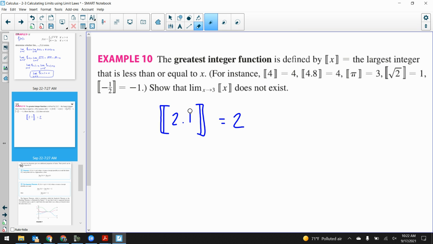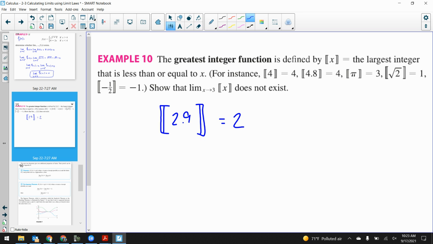What about 2.9? Still 2, right? So basically taking off any decimals and saying the biggest integer within that, okay? It's not rounding up. It's just saying chop it off, truncate it. Take that decimal off. That's the greatest integer within that number, okay?